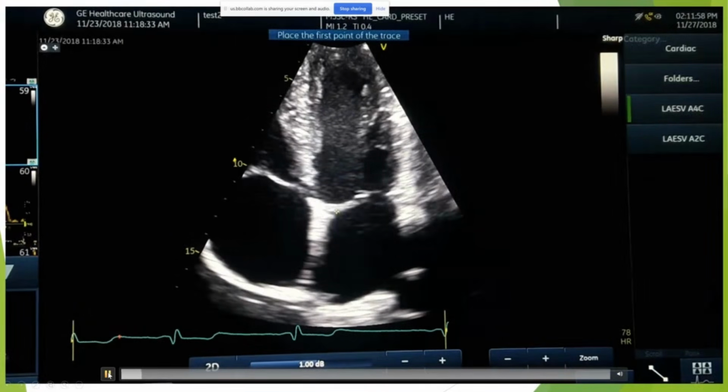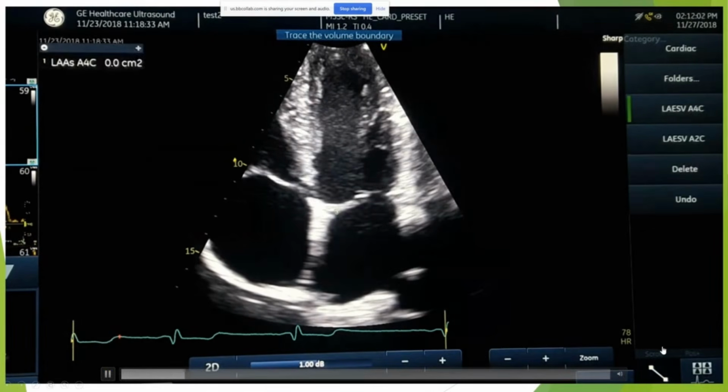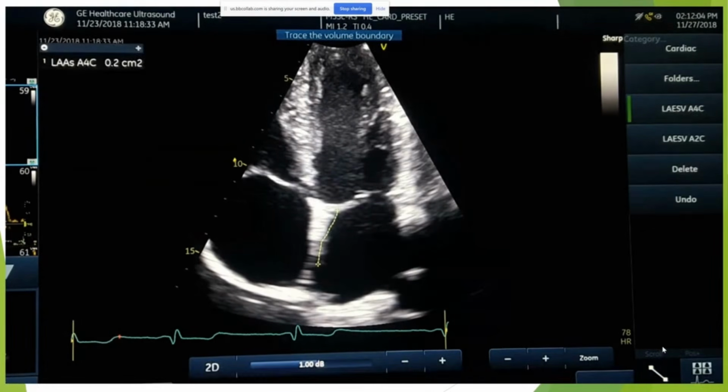From the medial annulus of the mitral valve, then trace the endocardium. In many patients, when you get to this level, the pulmonary vein is very prominent and goes all the way. You don't go there. You just cut it and make it nice, and don't include the other.